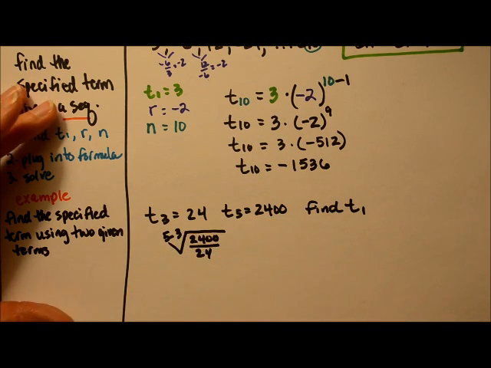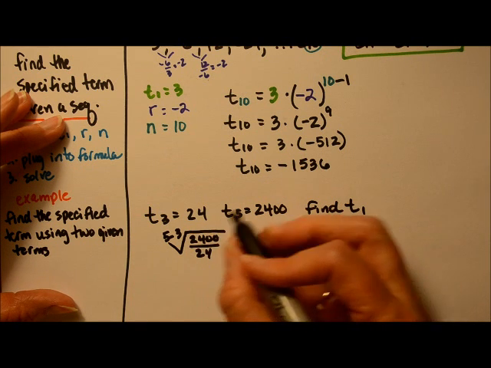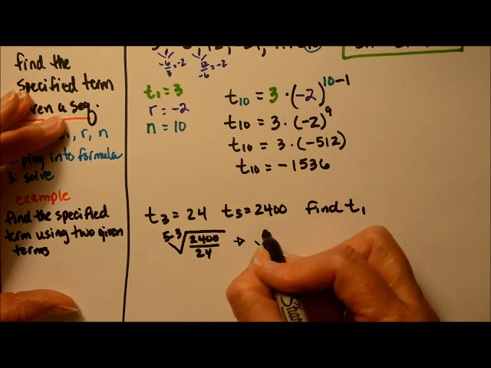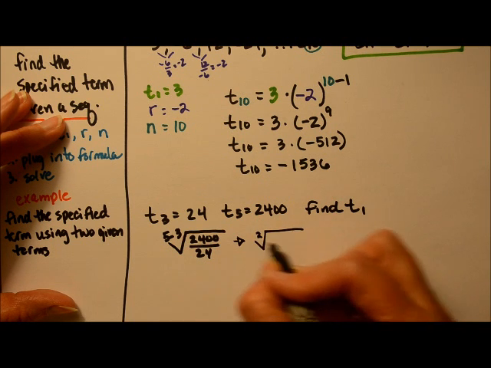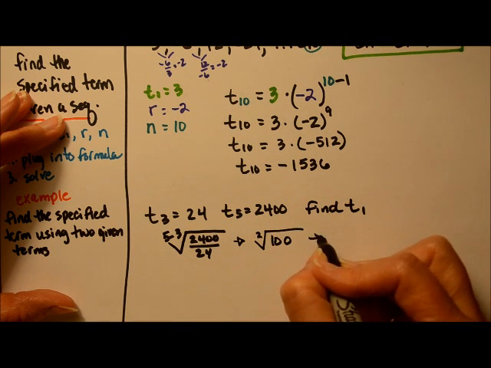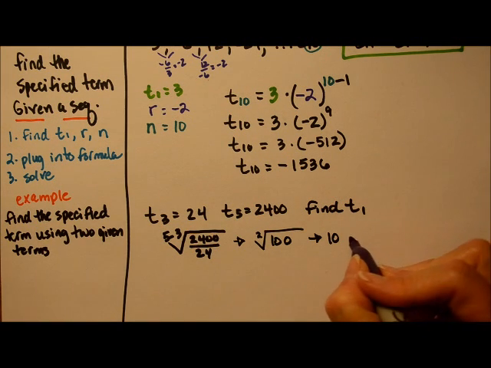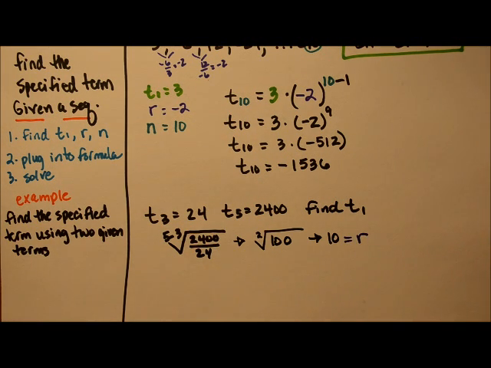Oh, maybe it is a square root. Alright, the 24's cancel out. So what I end up with is the square root of 100, which gives me 10. And that equals r. Okay, so there's r as 10.